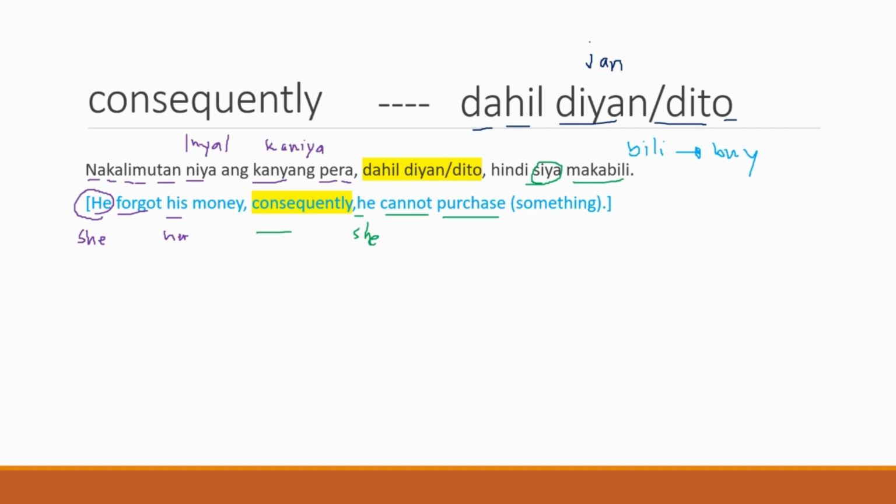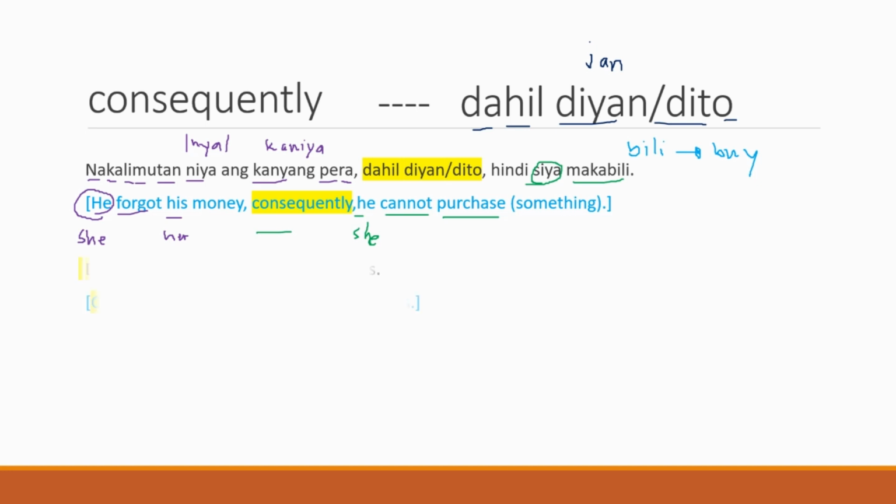When we say makabili, it's like an action where you are saying that there's something that you need to buy. So, again, nakalimutan niya ang kanyang pera dahil dito, dahil dyan, hindi siya makabili.